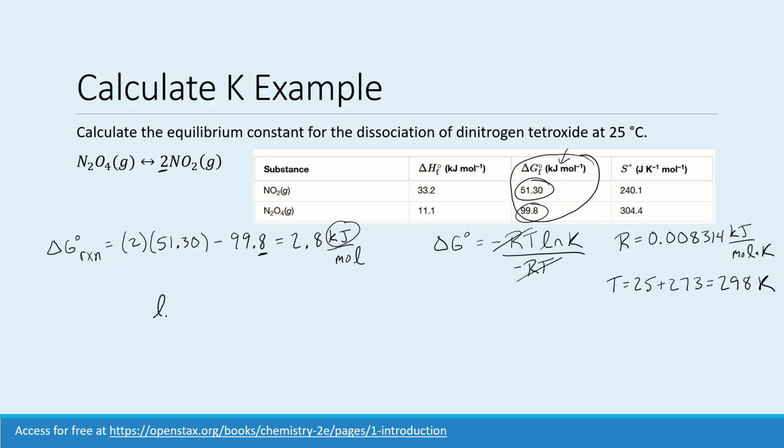Now looking at this reaction, if we want to solve for K, we need to divide both sides by negative RT.